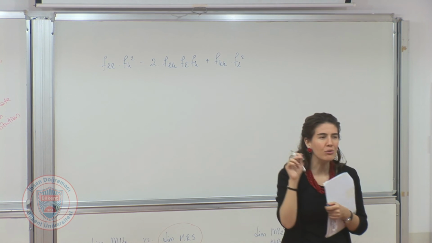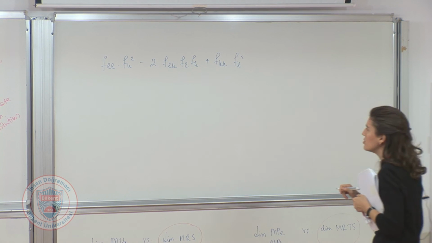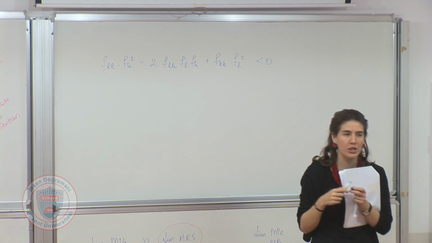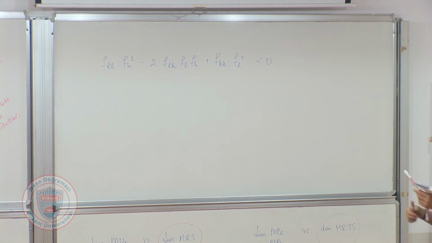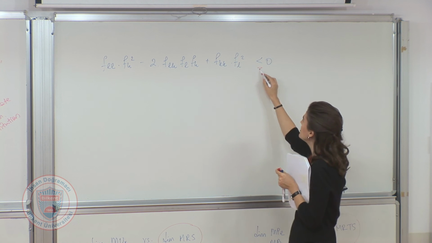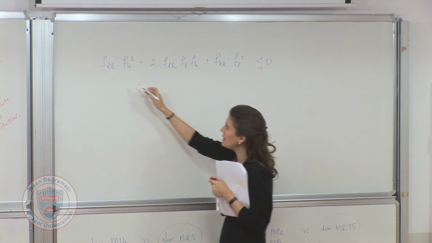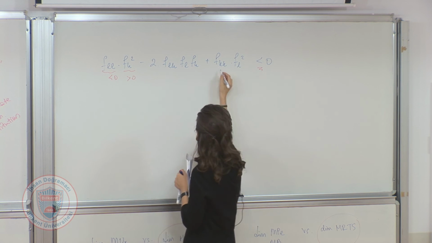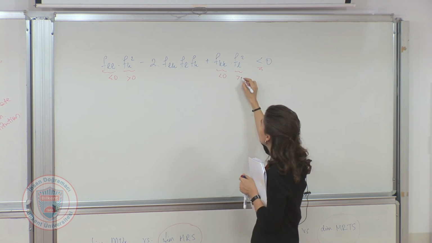So we wrote this with u's in consumer theory. And it turned out that in order for the function f or u to be quasi-concave, this was the condition. You see that this guy is negative, this guy is a square, it's positive. This guy is negative, this guy is a square, positive.